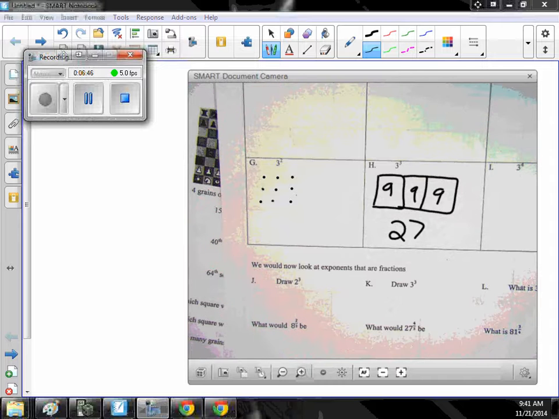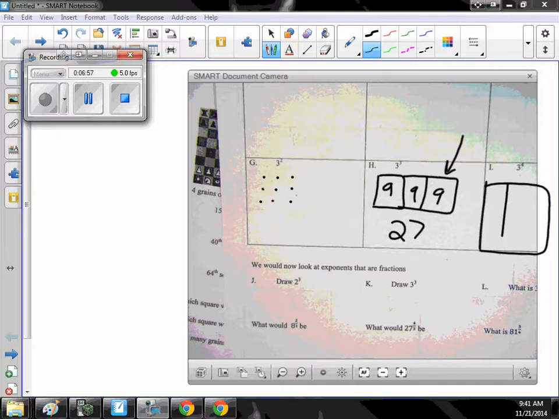So for letter I, what is my picture going to look like? It's going to have 81, which is 3 of those. So I'm just going to kind of build this, and each one of those has 9 in it.